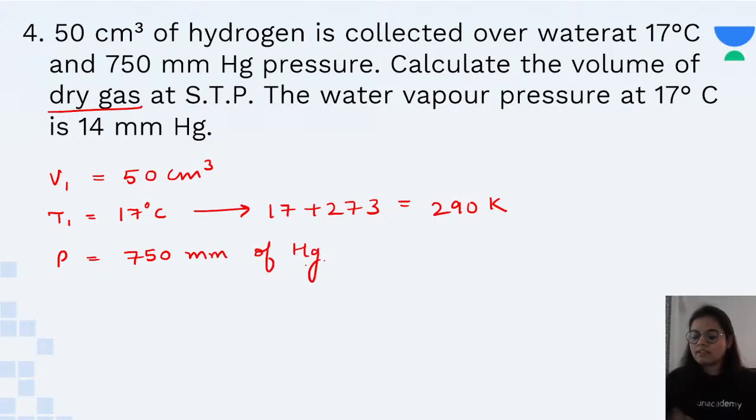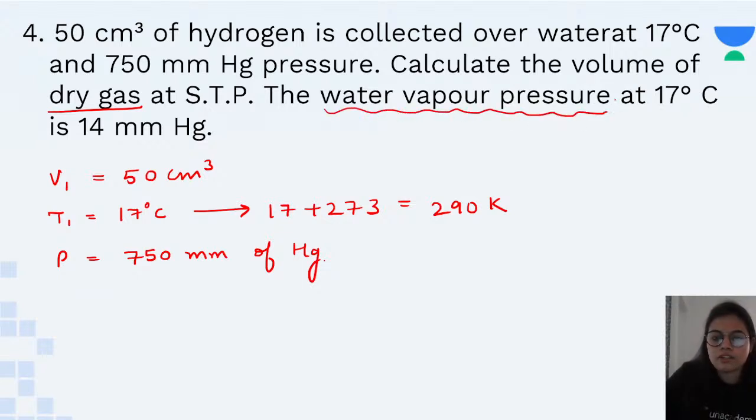Now, is everything very clear till here? I hope that everything is clear till here. Now, what is this thing given to us? Water vapor pressure. The total pressure is the addition of the pressure of the gas plus the pressure of water vapor.